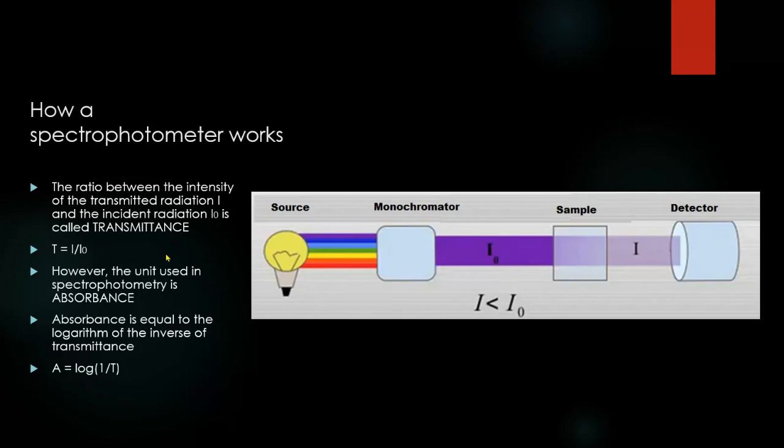However, the unit used in spectrophotometry is absorbance. In spectrophotometry, we talk about absorbance to measure the quantity of light that is absorbed by a sample. Absorbance is equal to the logarithm of the inverse of transmittance, and this is the formula of absorbance.